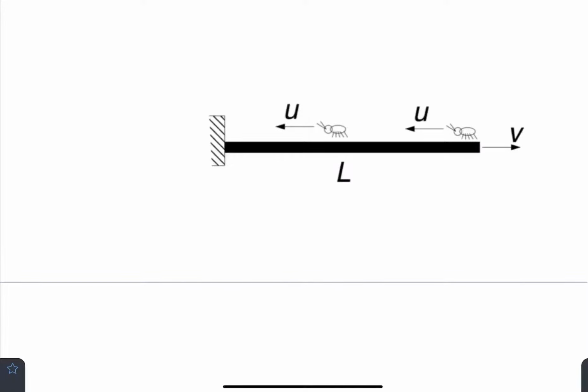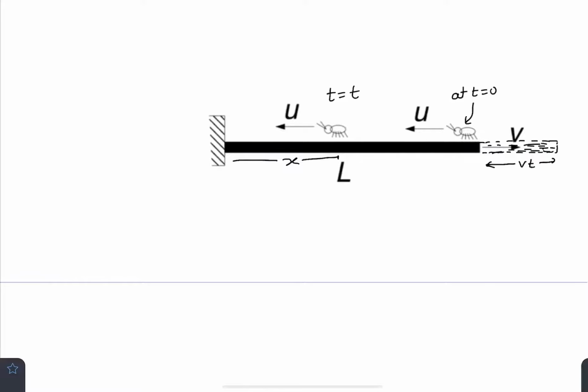So we are assuming at time t the ant was at a distance x from the left end, and at the same moment the rubber band was stretched by length vt. By this length the rubber band got stretched. This is the initial position of the ant at t equal to 0. The ant was here, and at t equal to t, the ant is at a distance x.